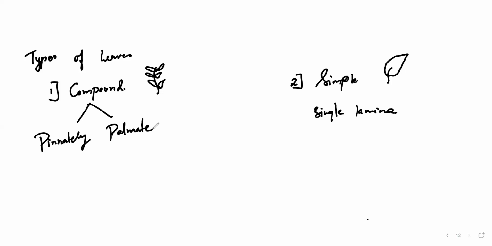Basically, compound leaves have a characteristic: from the point where the leaves generate, there will be a common axis. For example, you can take neem.